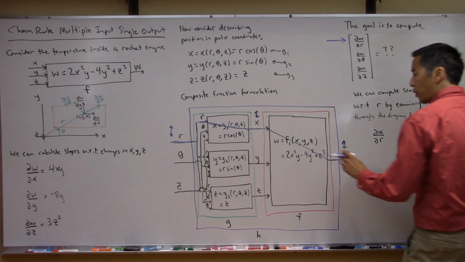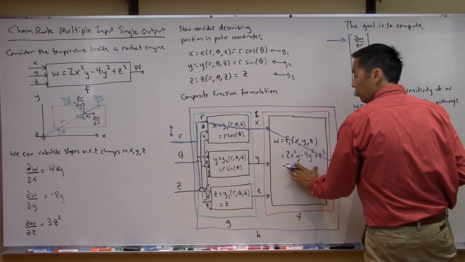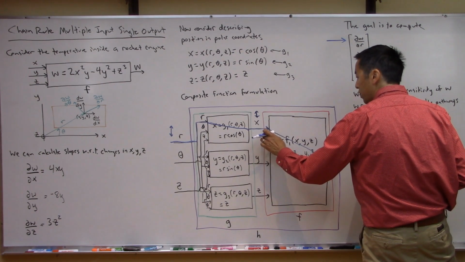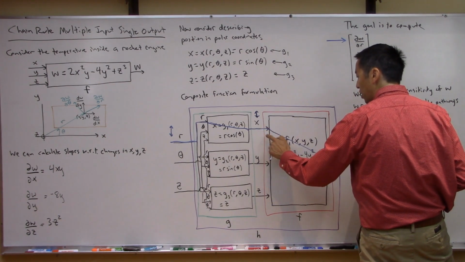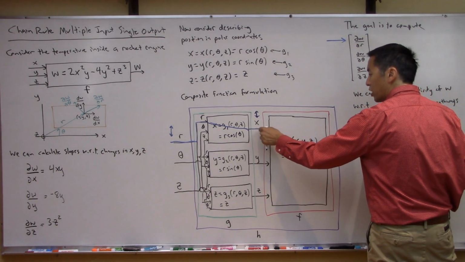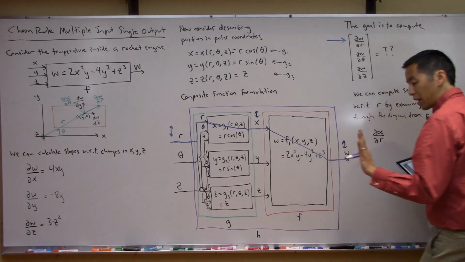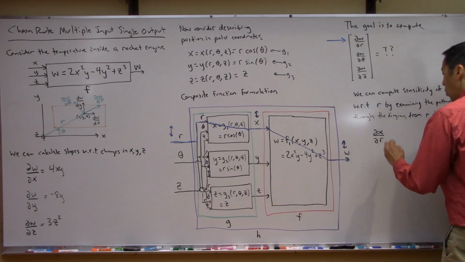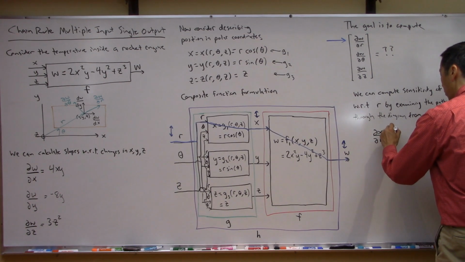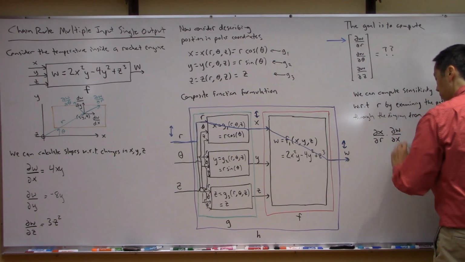So this blue pathway, we described this first part, but now, how does this change? What I need is to understand how w changes with only a change in x. I'm going to hold y and z constant for this tiny little bit. So I need to now multiply this with dw dx.